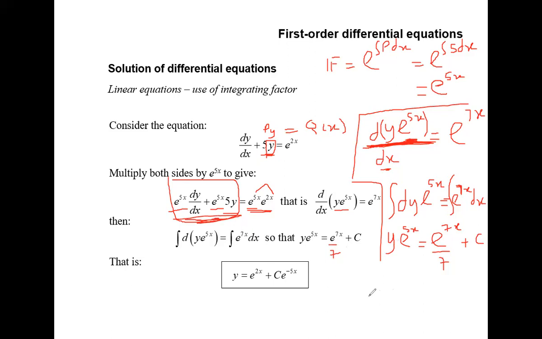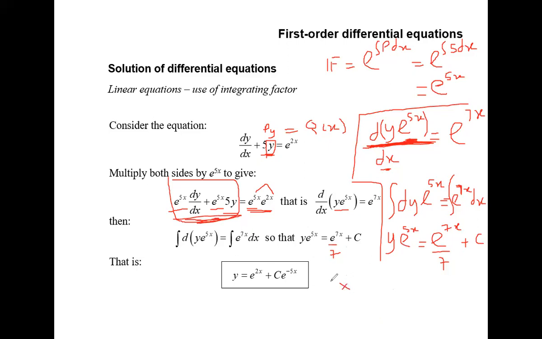Good. Then what's next? We want y. So if we want y, we are going to have y equals 1, meaning you divide both sides. Let me do that step. I don't want to skip it. So we are going to divide both sides of the equation.